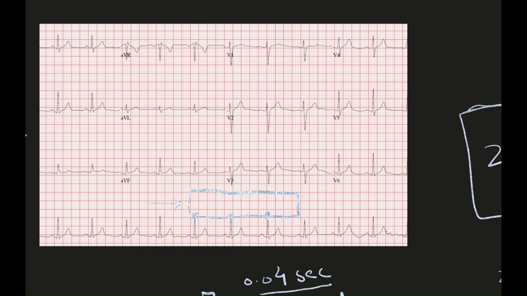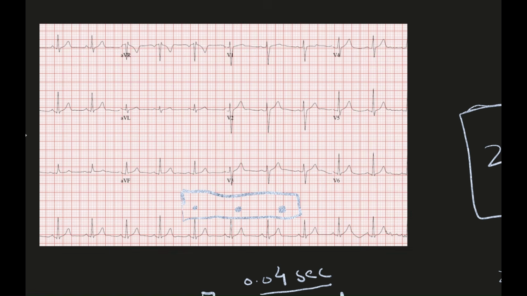Now, if the rhythm were abnormal, for example, you have placed three dots consecutively, there is a chance that your one dot will lie over here, your next dot over here, and your next dot over here.